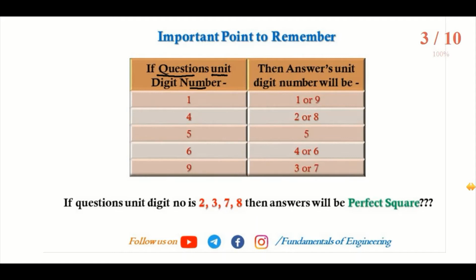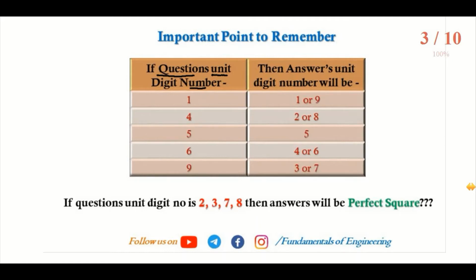Then 4: if the question's unit digit is 4, the answer's unit digit is 2 or 8. You can see 2 squared is 4, and 8 squared is 64, so here we get the unit digit 4. If 5, no doubt you will get the answer digit 5. If 6 is the question's unit digit, you will get 4 or 6. And if the unit digit is 9, you will get the answer's unit digit as 3 or 7.